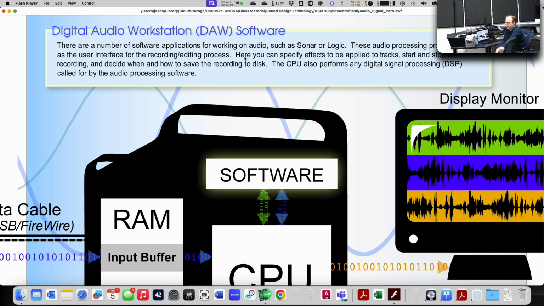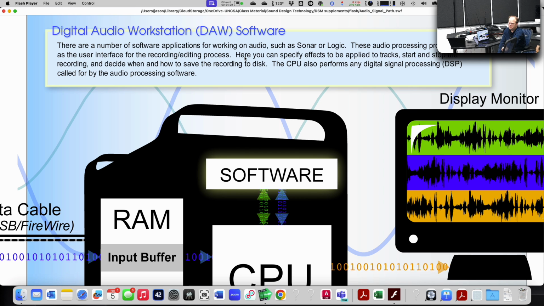Using some input devices, you tell the software, I want to do this to this audio, and then the software will tell the CPU how to do that. They want you to add this EQ, compress it, mix it together with this thing, add some reverb, put it out here, and send it this direction. The software will send those instructions to the CPU. The CPU will happily comply and do its darndest to perform that operation.